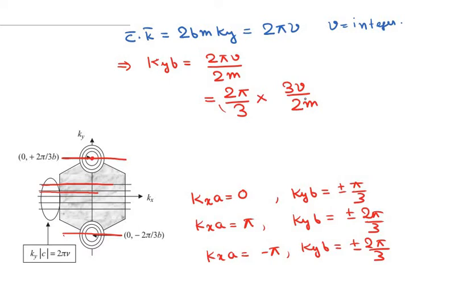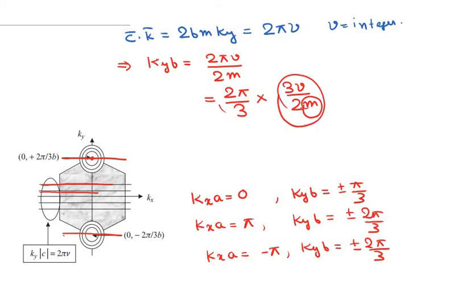Since v can assume any integer value, the only condition we have to satisfy to make this entire thing equal to 1 is that m should be an integer multiple of 3. If m is an integer multiple of 3, then this entire thing can be 1.